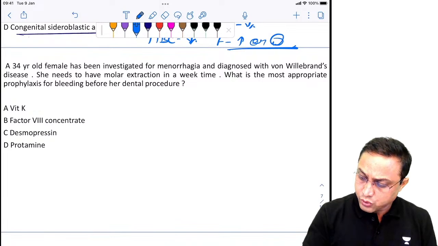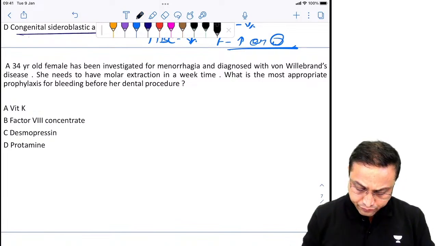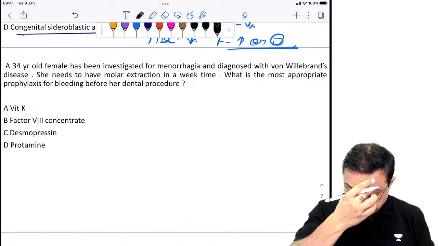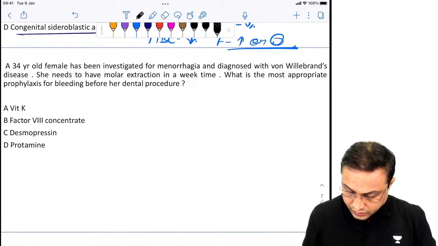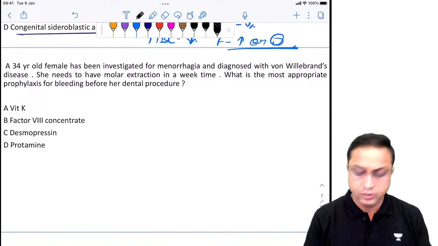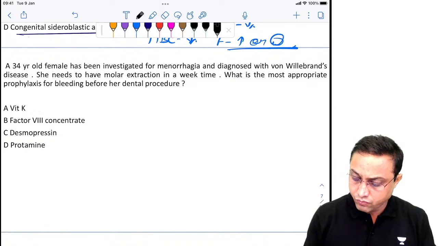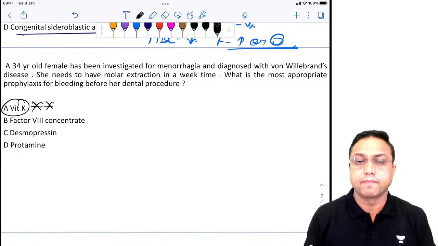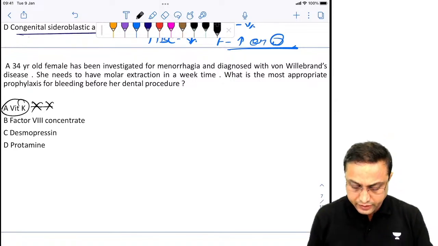Now, why am I going to choose the answer here? First of all, vitamin K is not the answer. Why not vitamin K?